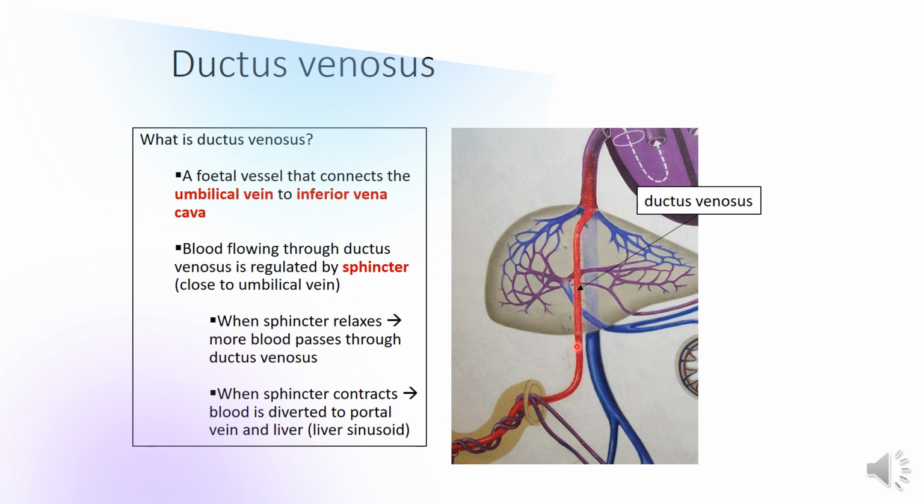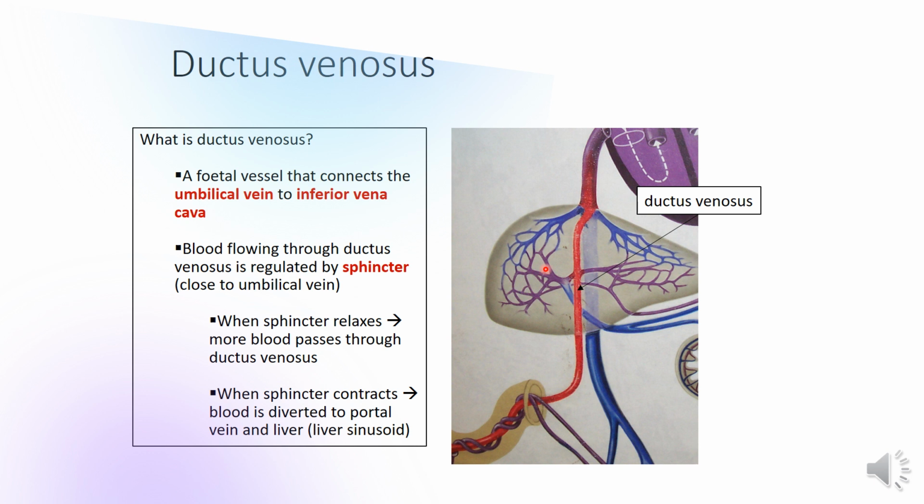How it regulates the blood, whether the blood is going to enter the liver sinusoid or directly into the IVC, is by contraction or relaxation of the sphincter. When the sphincter relaxes, more blood passes through the ductus venosus. When the sphincter contracts, the blood is diverted to the portal vein and liver sinusoid.